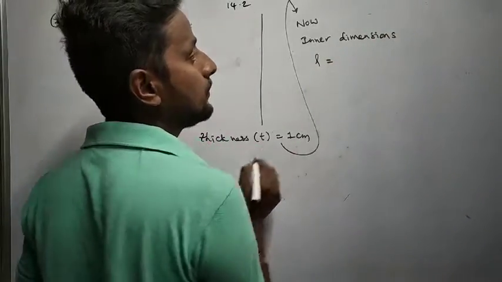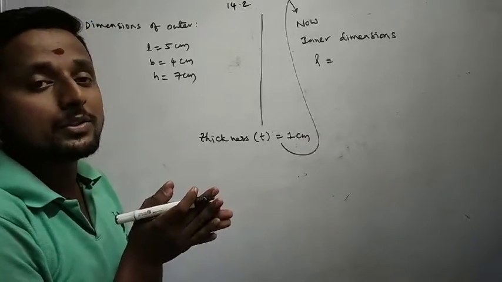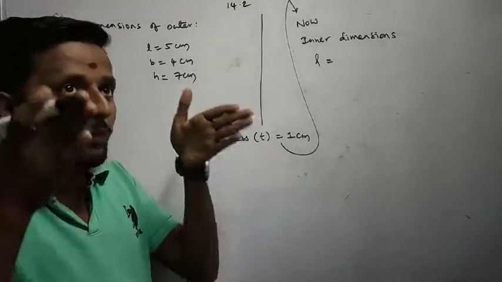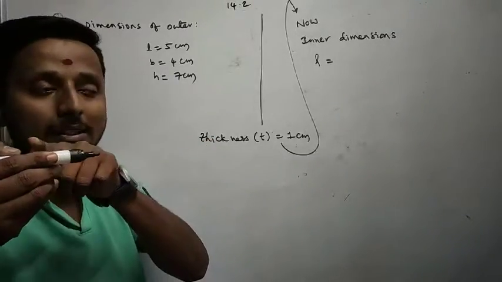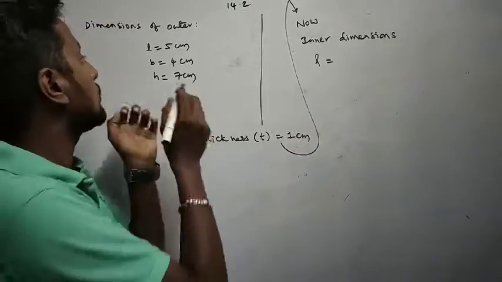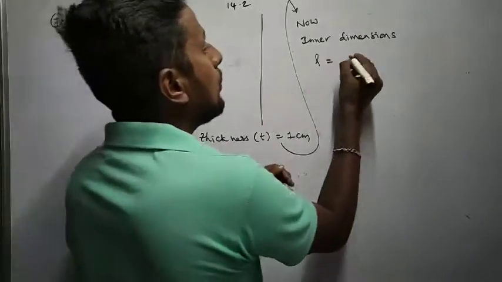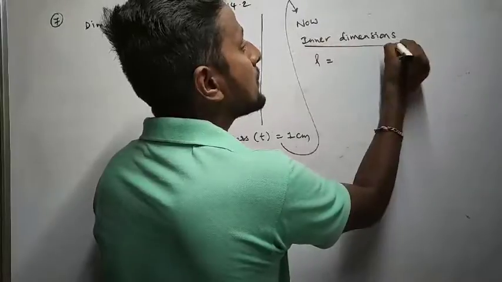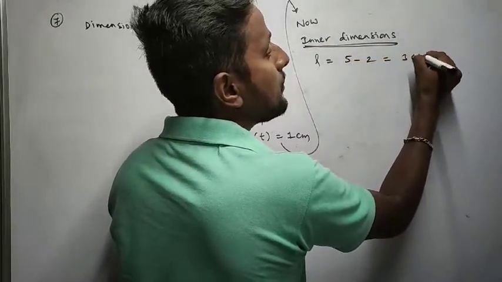How do you calculate inner dimensions? For example, if you imagine the box, it increased 1 centimeter on this side and that side also. So each side, 1 plus 1, 2 centimeters increased. So now the new l, inner dimension, is 5 minus 2, that is 3 centimeters.